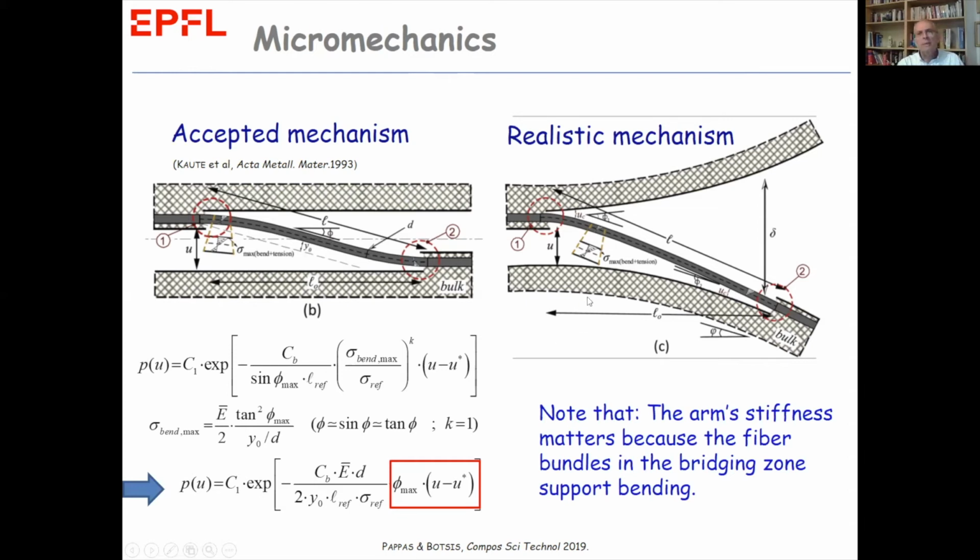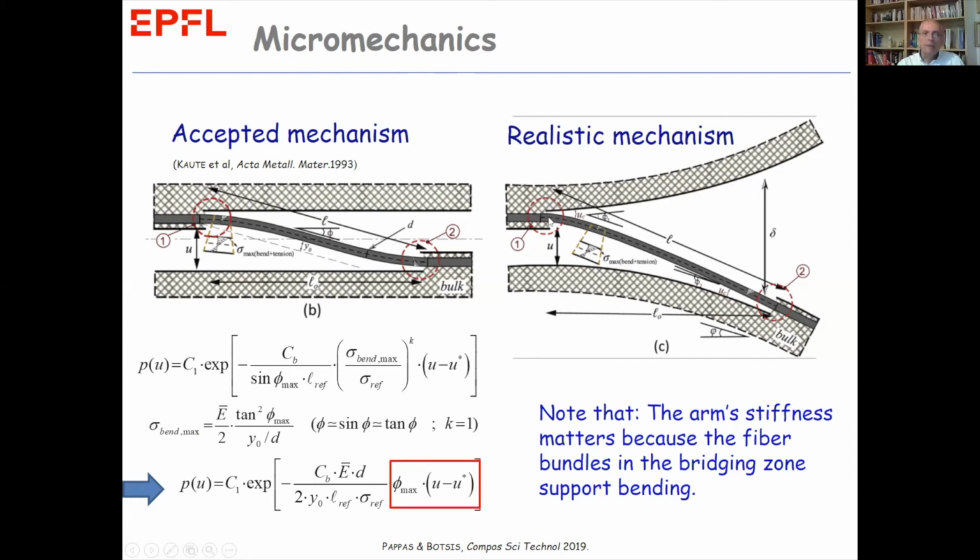So we consider a more realistic mechanism shown here on the right. We believe that the bending of the arm and the bending of the fiber bundle interact, because both of them take bending. So the extent of damage and propagation depends really on both bending.